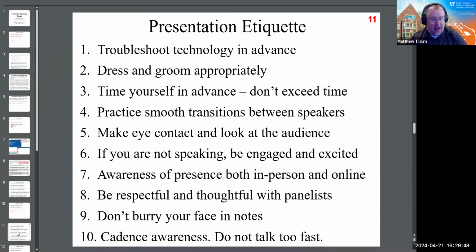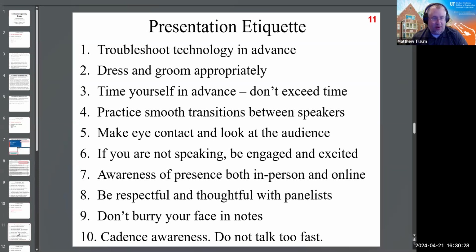Also, I'd like to have everybody speak, but only one of you should be speaking at a time. For those of you who are not speaking, continue to be engaged and excited about what is being presented. Can't tell you the number of times where a student team will present and the one person who's presenting is very dynamic and everyone else will just be staring at the wall or picking their nose or looking at their cell phone, or, I don't know what they do, but make it look as if whoever is presenting is the most exciting, dynamic, interested person that you could possibly imagine, and exude enthusiasm for what they are saying.